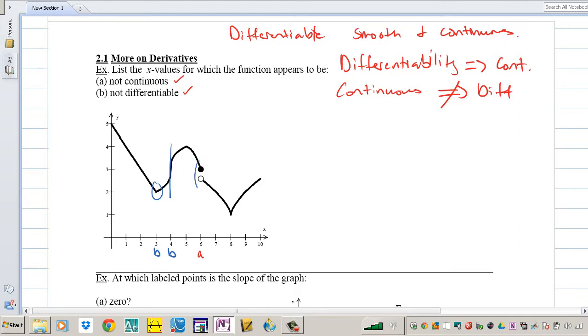And because the function is not continuous, automatically it fails differentiability at x equals 6, and x equals 8. So it appears that only at x equals 6 the function is not continuous, but at x equals 3, 4, 6, and 8 the function fails to be differentiable.